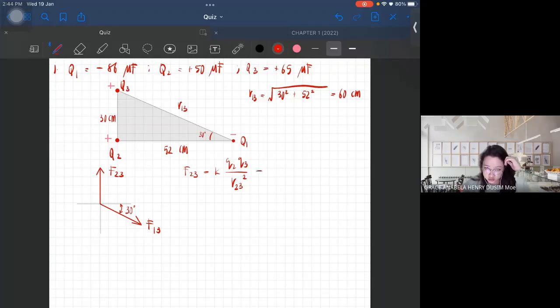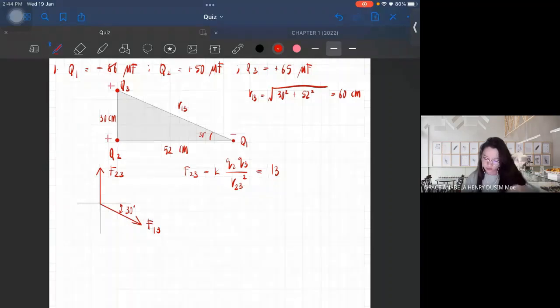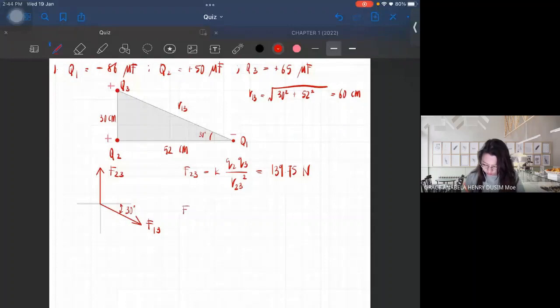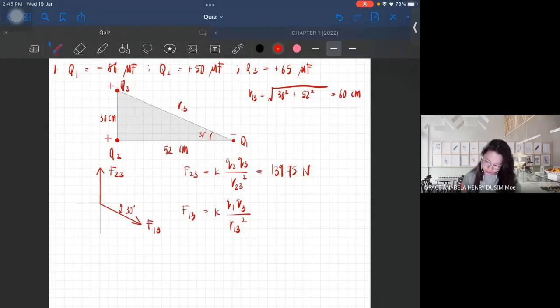You should get 139.75 Newton. Lepas tu F13 K Q1 Q3 over R13 square equal to 325 Newton.